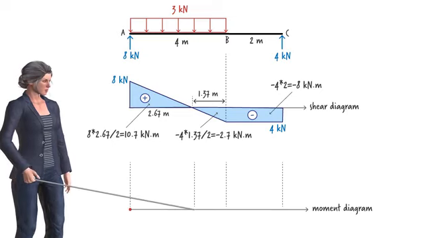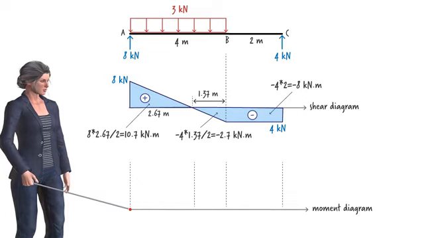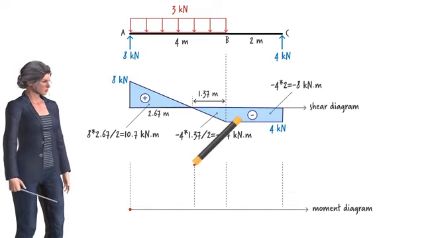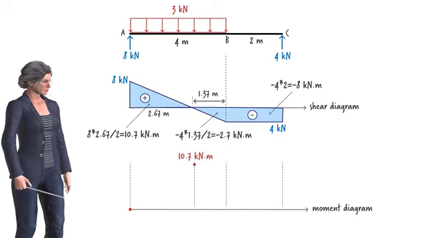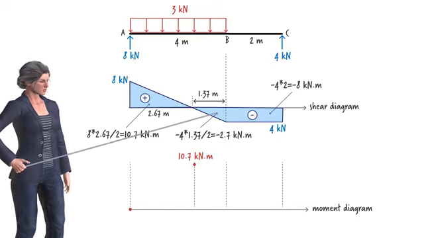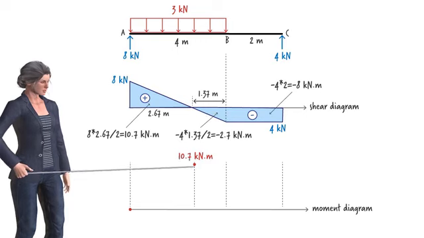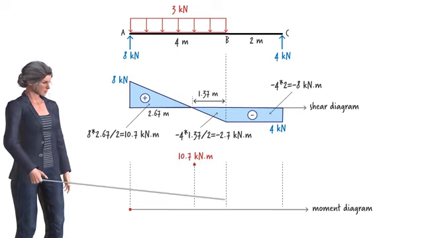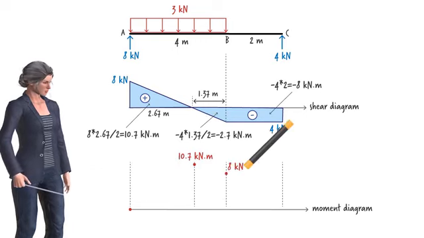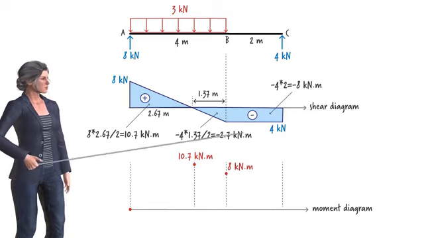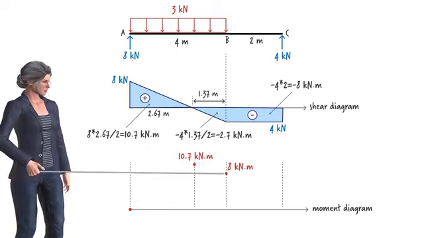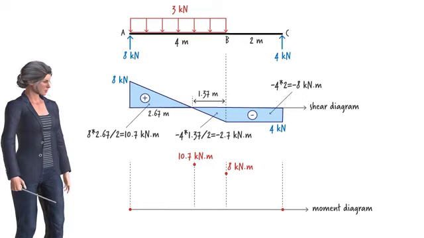At this point, the moment value is equal to 0 plus 10.7, or 10.7 kilonewton meters. Then, we add this area to 10.7 in order to determine the moment value here. It equals 8 kilonewton meters. Finally, when we add this area to 8, we get 0, which is the moment value at the right end of the beam.